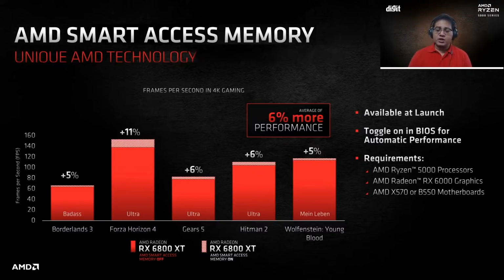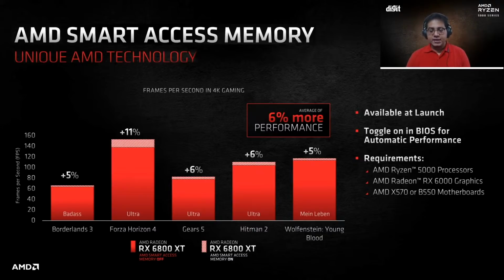This is because AMD also announced the RDNA 2 based Radeon RX 6000 graphics cards on the 18th of November this year. And when you combine an AMD Ryzen Zen 3 processor with a Radeon RX 6000 series graphics card, you can get a little extra performance by switching on something called AMD Smart Access Memory.